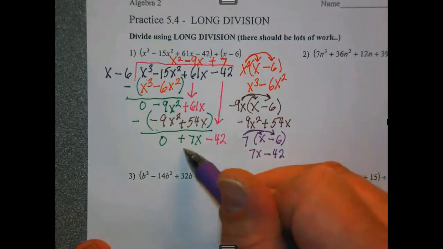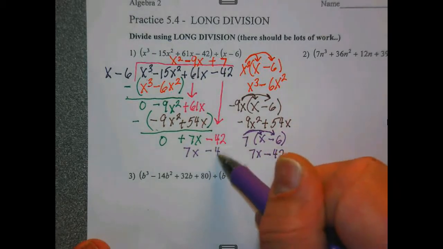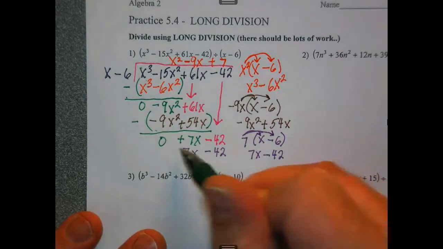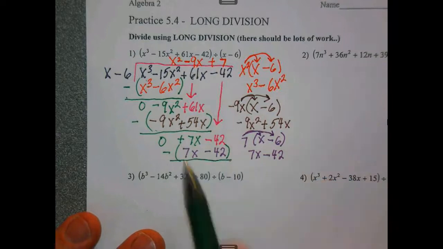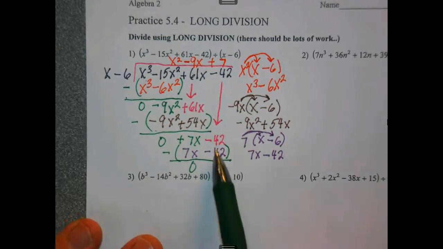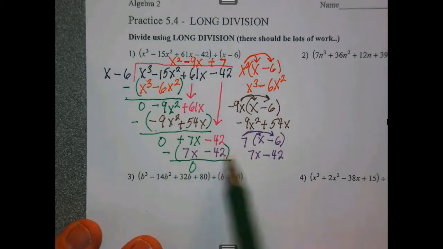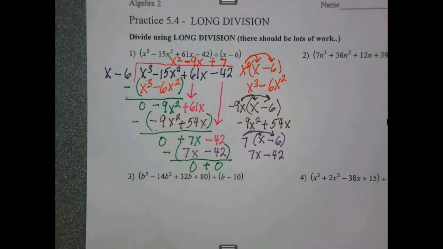Here's my product, 7x minus 42. I have to subtract the entire quantity. 7x minus 7x, here's my 0. Negative 42 minus a minus is a positive 42. So actually I get no remainder.